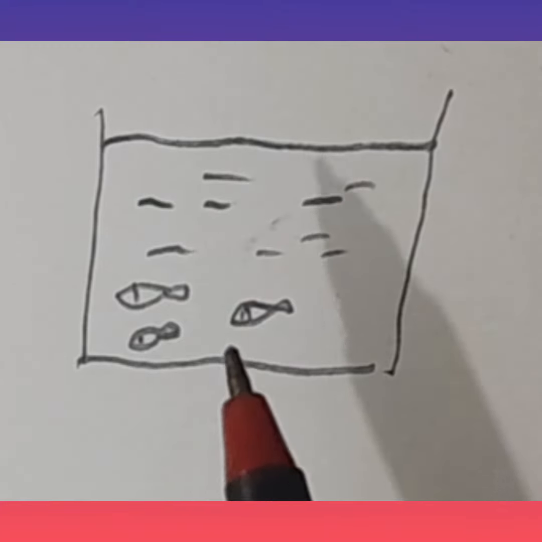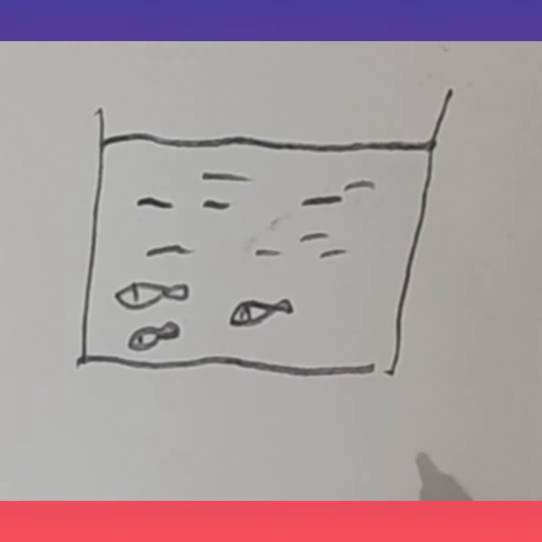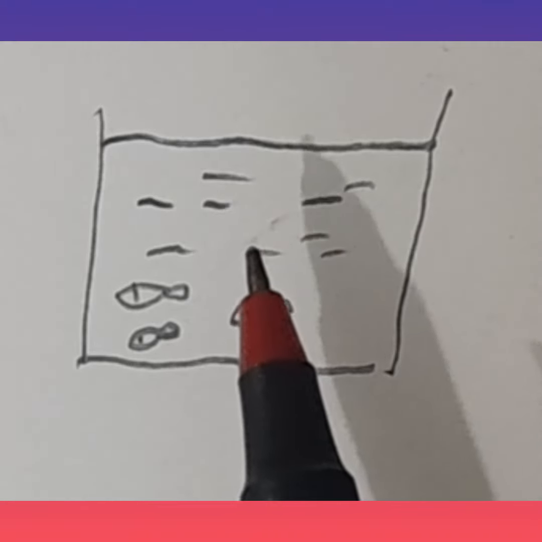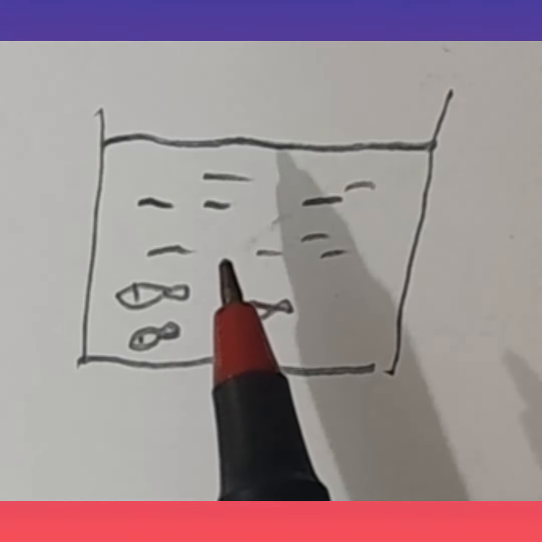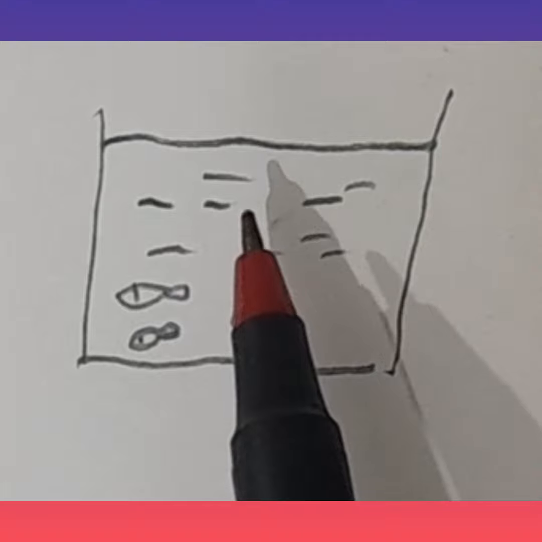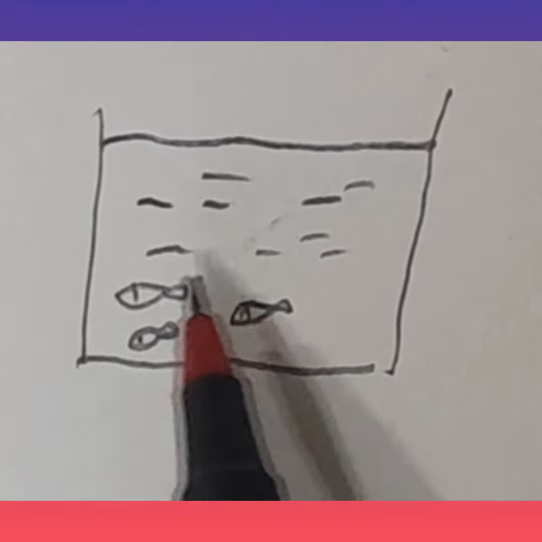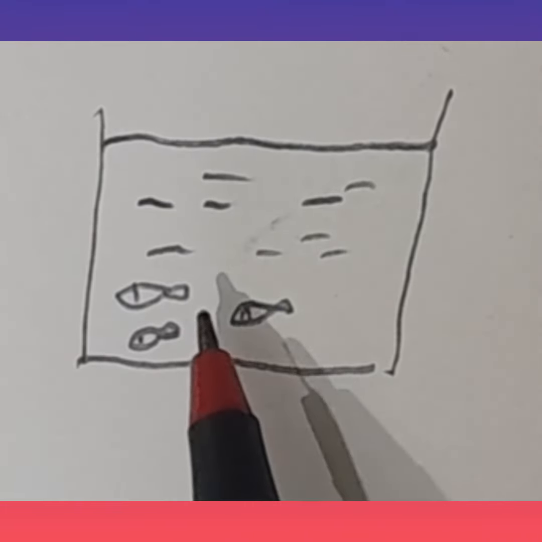Now for this, let's take the example of water bodies during summer. In water bodies like lakes, streams, rivers, oceans, seas, whatever, we find that during summer all the aquatic animals move towards the base or the lower part of the water bodies. Why so?